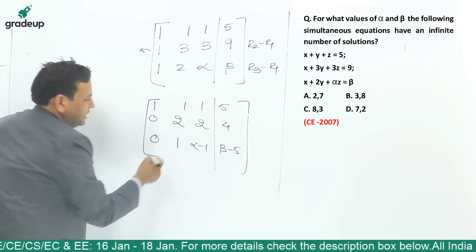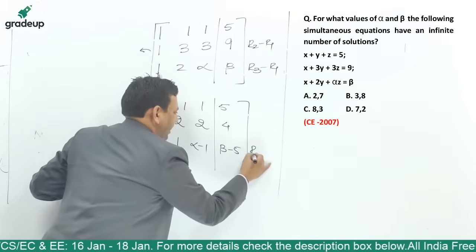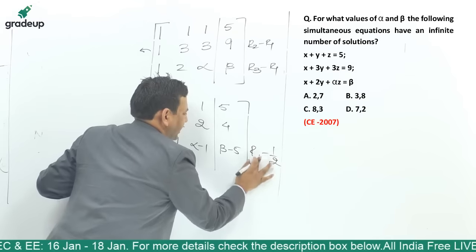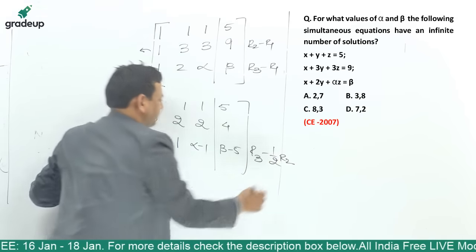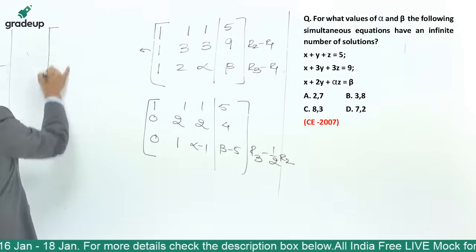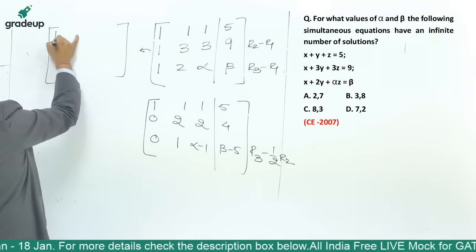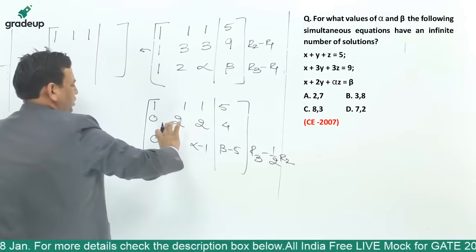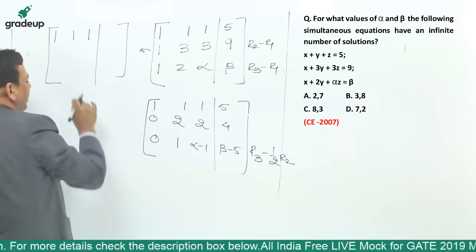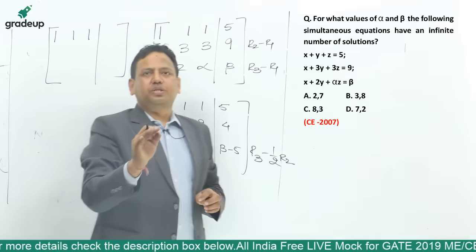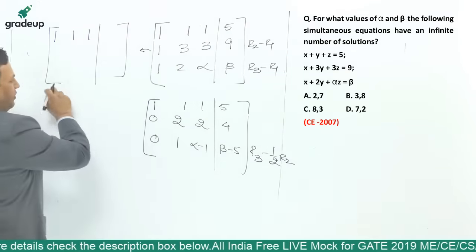Now I want to make this a 0, so R3 minus half of R2. This is only a 3-step process: the first two are here and the third step is here, because GATE generally asks 3 by 3 matrices.